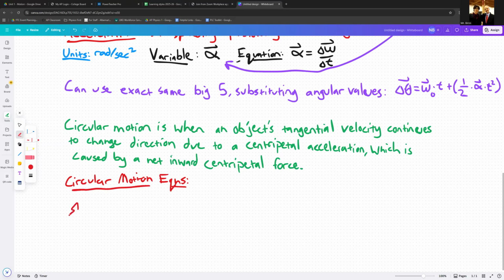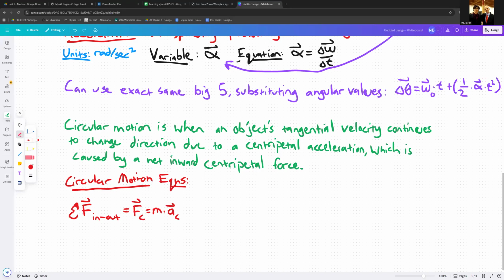It says the sum of all forces acting inwards or outwards is equal to the centripetal force. And that is mass times centripetal acceleration.